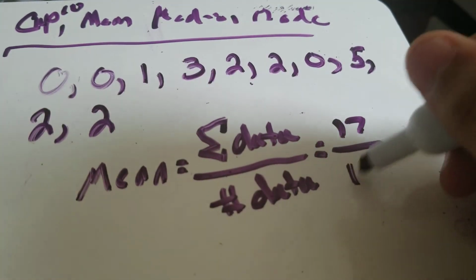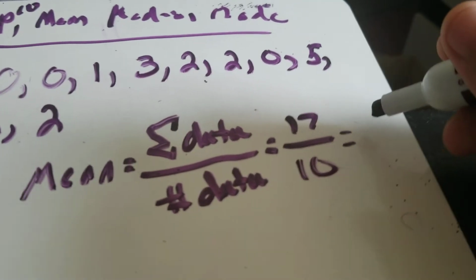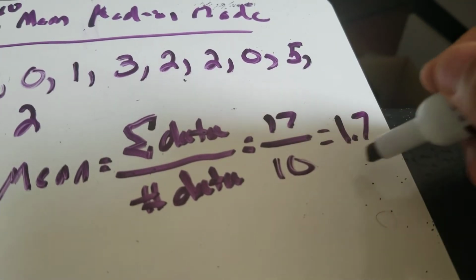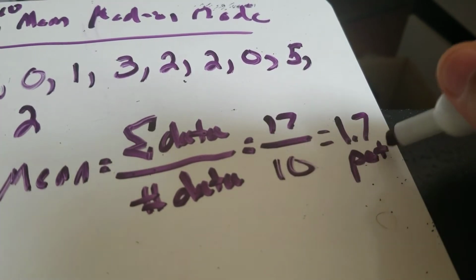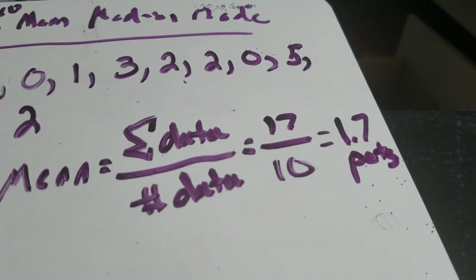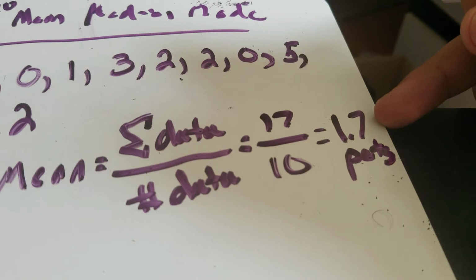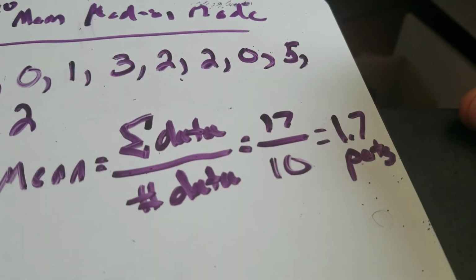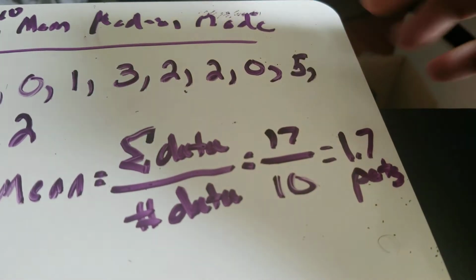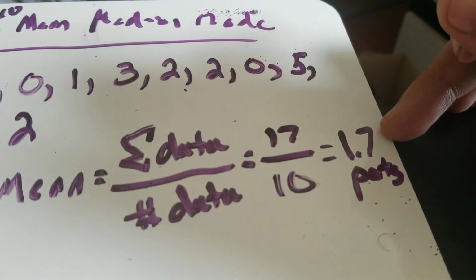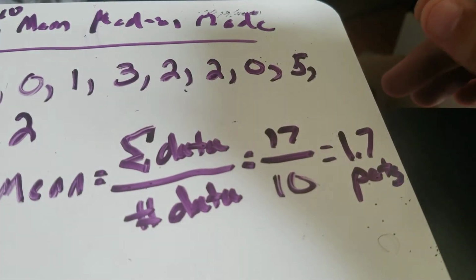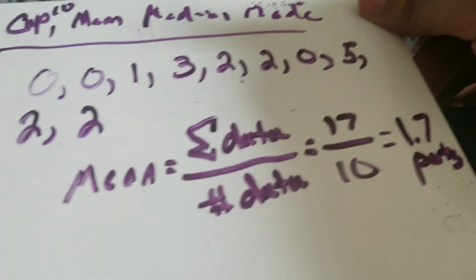We have 10 pieces of data. So on average, every person has 1.7 pets in their neighborhood. That's not necessarily true, and that doesn't necessarily make sense. No one could have 0.7 of a pet. So typically you read that as you're more likely to have two pets versus one pet in this situation. But that's average, that's mean.